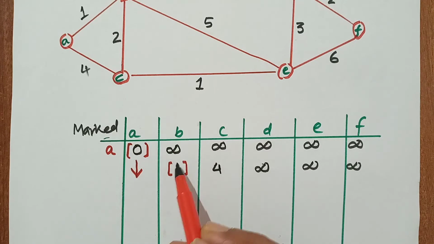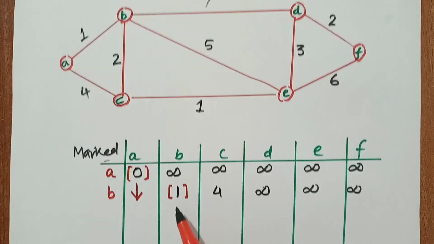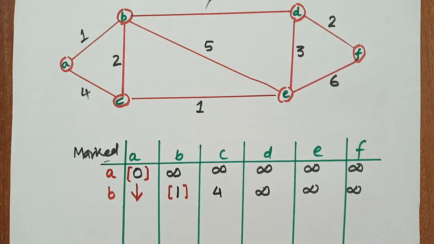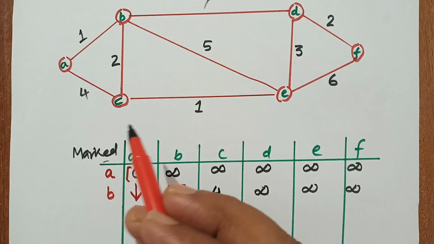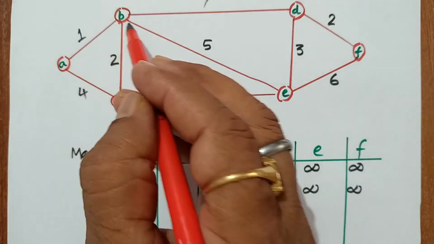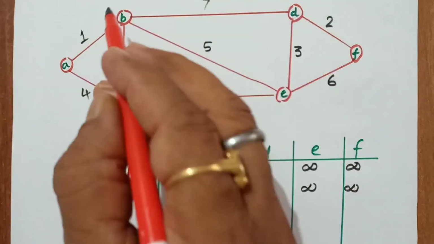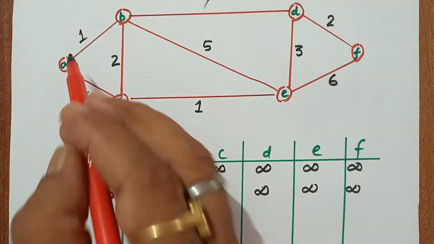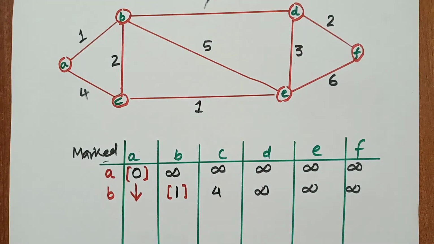B. So you write B here, and concentrate on vertex B. Now you see how many vertices are directly connected to B. So A, C, E and D. But A is marked, so no need to touch A. So we will calculate only C, D and E.